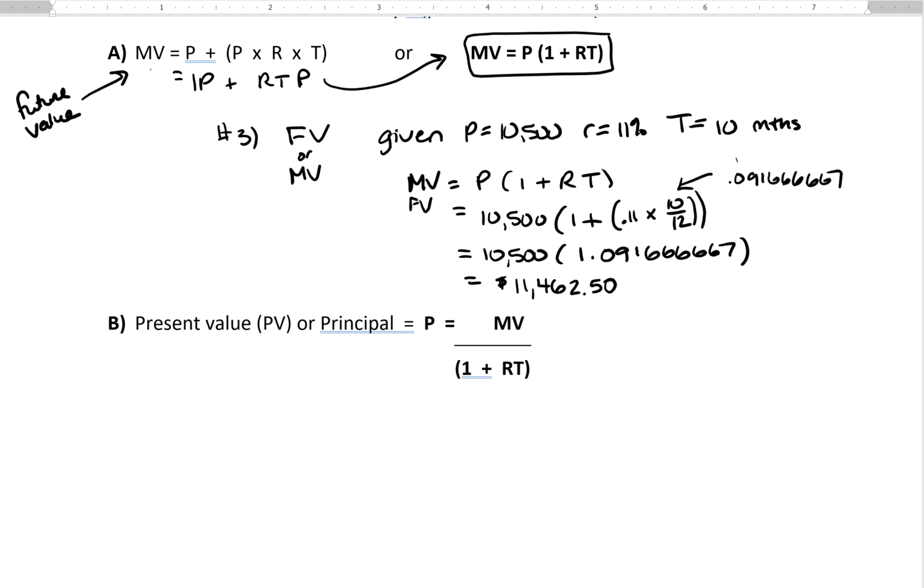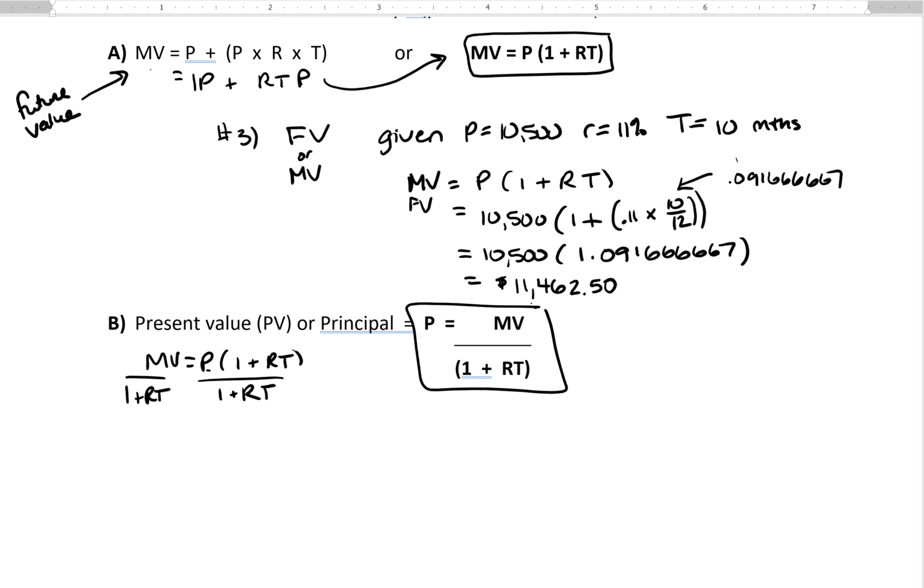All right, we can rearrange that formula. If we take our saying that maturity value is equal to principal times 1 plus rate times time, well, if I divide both sides by 1 plus rate times time, I have rearranged this and solved for principal. And principal is equal to the maturity value divided by 1 plus rate times time.